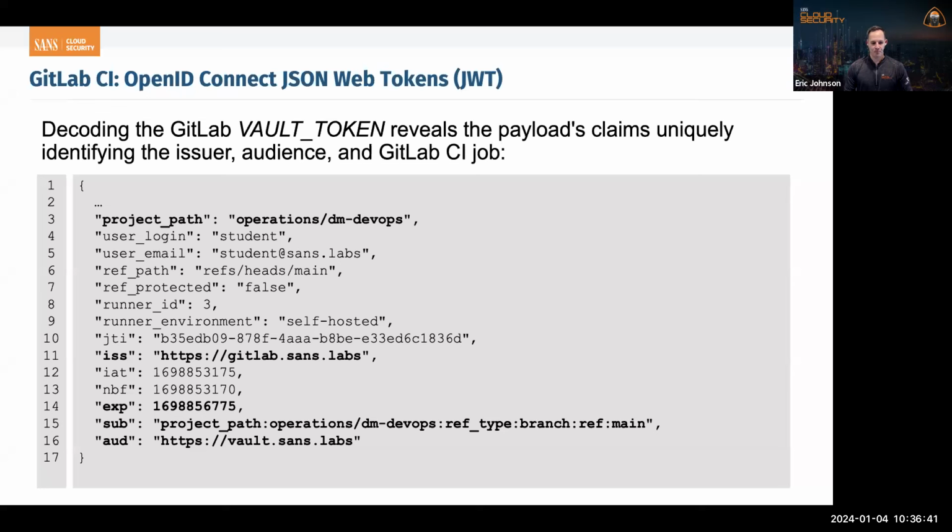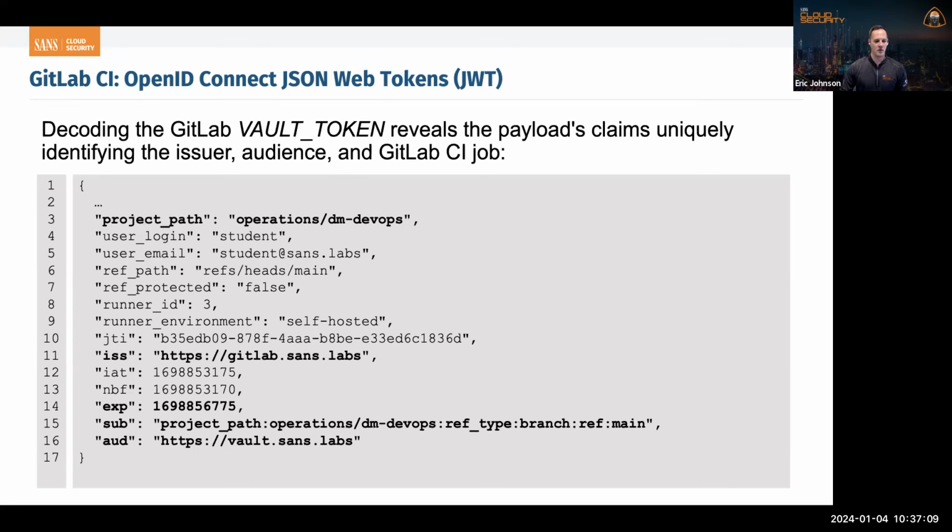the tokens. The next piece is the audience. And I specified this, if you remember inside of that configuration, I said vault.sans.labs, and we're going to set up trust to say, look, any tokens issued by GitLab.sans.labs with the audience of vault.sans.labs can access some Vault data. The other piece that's really important is maybe the claim of who is the pipeline that's currently running.